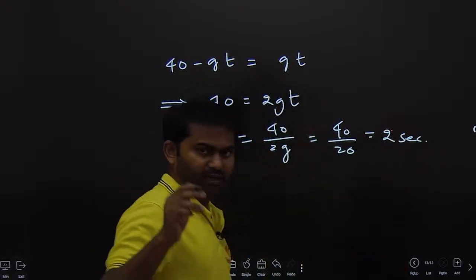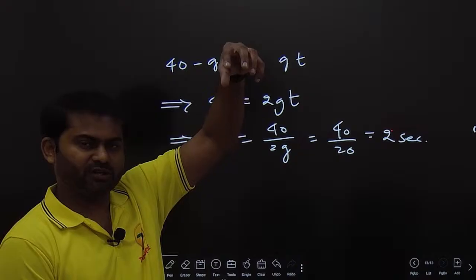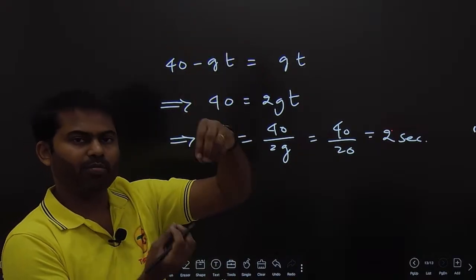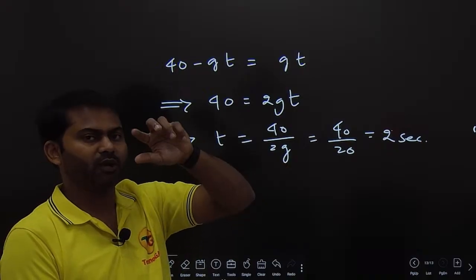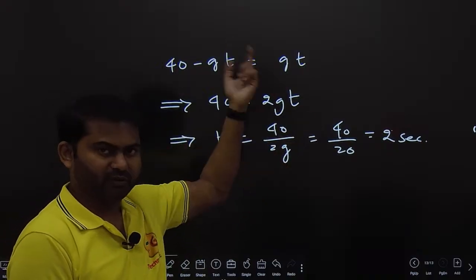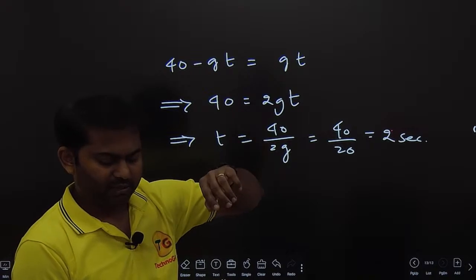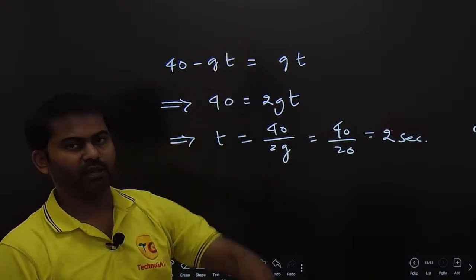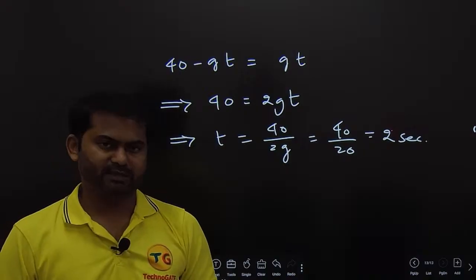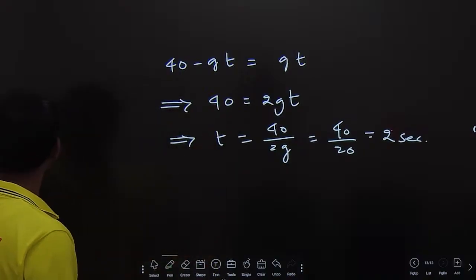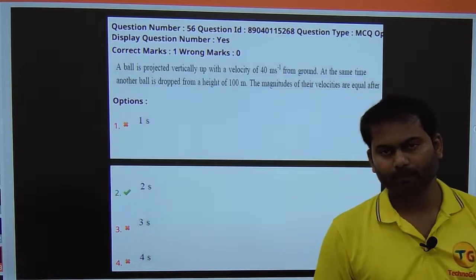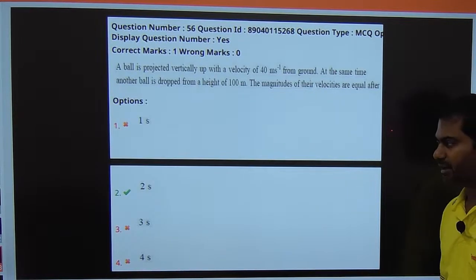So in 2 seconds, the velocities of both the upward thrown ball and the downward dropped ball are equal in magnitude. This is 20 meters per second. The ball thrown from the ground is going up, the one dropped from above is going down, but the magnitudes are the same. The answer for this question is 2 seconds and it is matching with option number 2. I believe it is completely clear.